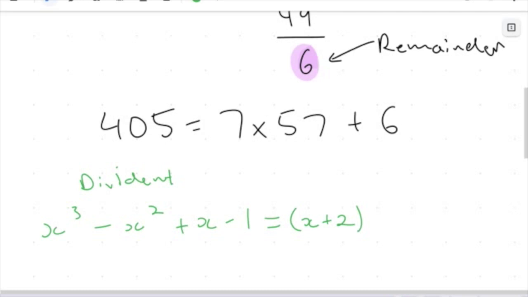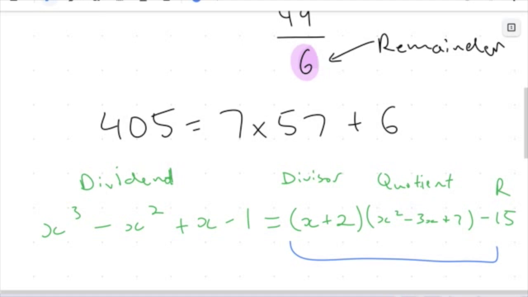Now, this is not a proper example. Sorry, dividend has a D in it. This is just any random example, but just so you can see the form in which we write this, we have our divisor here, we have our quotient, the answer, x squared minus 3x plus 7, our quotient, plus some remainder. In this case, we minus our remainder. This is our remainder over here. So when we do these divisions, we're going to express these things in the form we have over here.